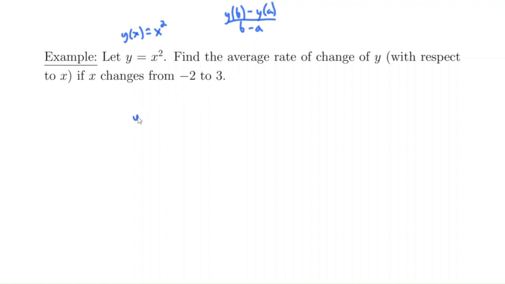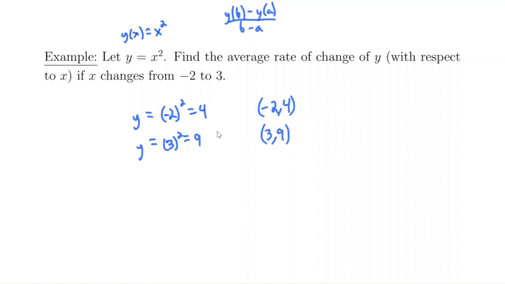So we could write y equals -2 squared, which would be 4. So in other words, this is really y of -2. Y of -2 is -2 squared, which is 4. What that really means is the ordered pair -2 comma 4 is on the graph. We could also write y of 3 equals 3 squared, which is 9. So again, I just wrote it y equals this, but you could write y of 3. So what that means is the ordered pair 3 comma 9 is on the graph.